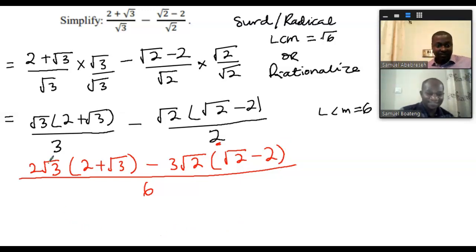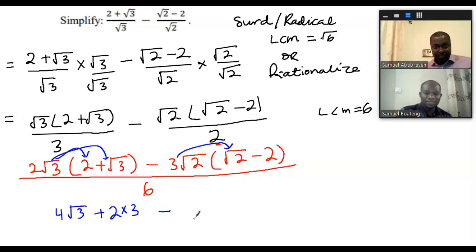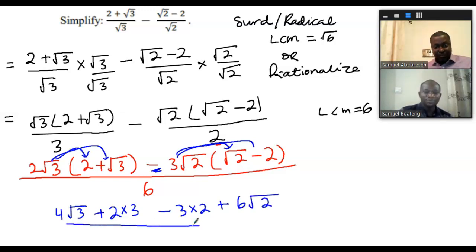Okay, we then expand. So 2 times 2 will give you 4 root 3, plus 2 times root 3 times root 3, root 9, which is 3, so that's 6. Then 3 root 2 times root 2, you have 3 times 2, so minus 6, plus, minus 3 root 2 times minus 2, so you have plus 6 root 2, over 6.